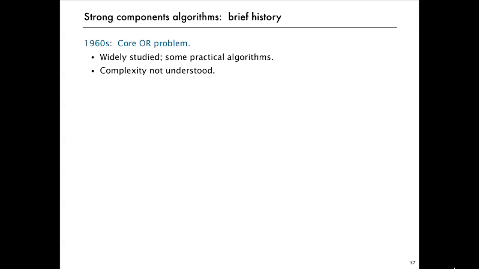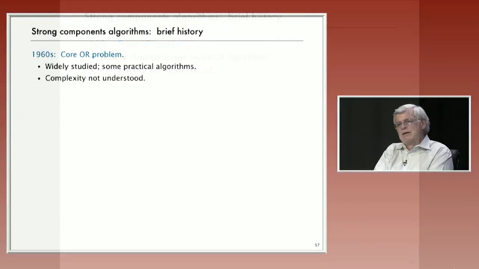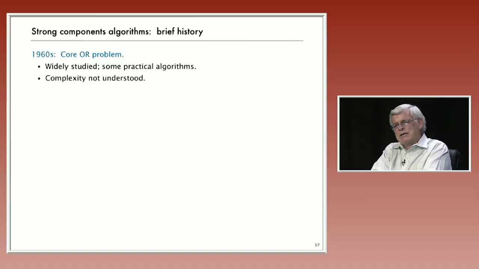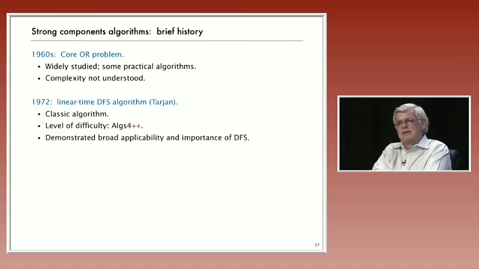Now again, this algorithm has an interesting history. Along with scheduling and other things, it's a core problem in operations research that was widely studied, but really not understood how difficult it was. And Tarjan's paper in 1972 was a big surprise, that this could be solved in linear time with depth-first search.